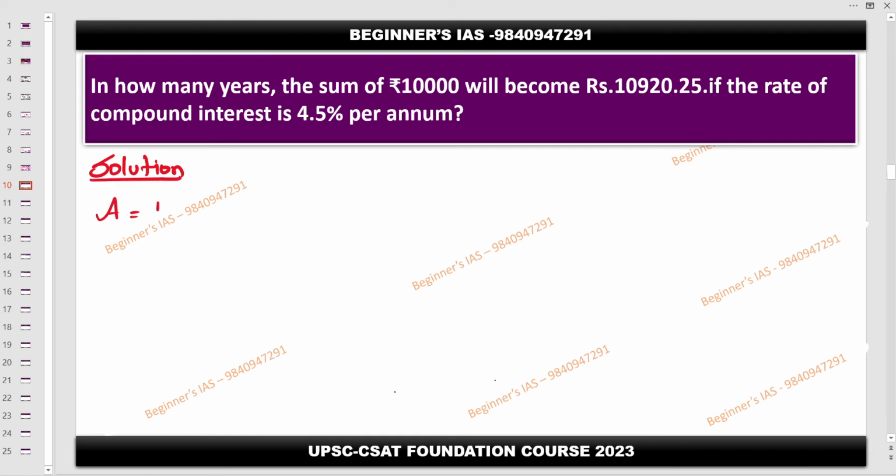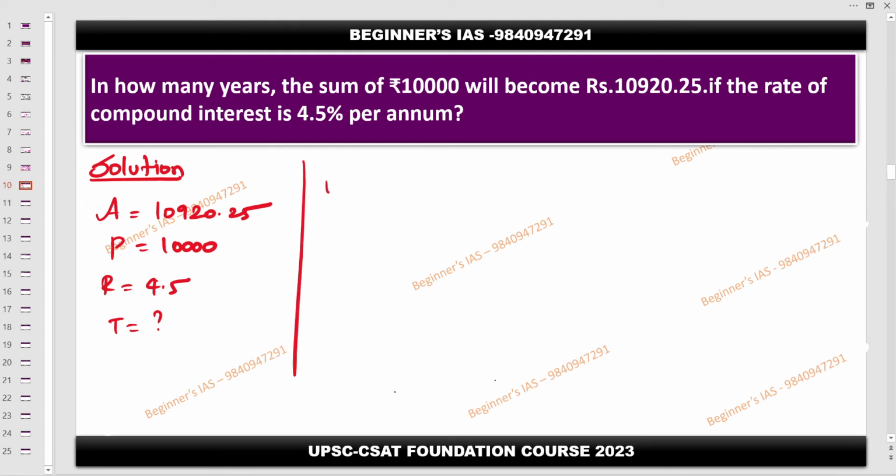A is equal to 10920.25. P is equal to 10,000. R is equal to 4.5. We need to find T. You know the basic formula: A is equal to P into 1 plus R by 100 the whole power T.